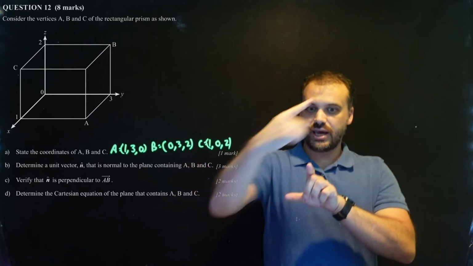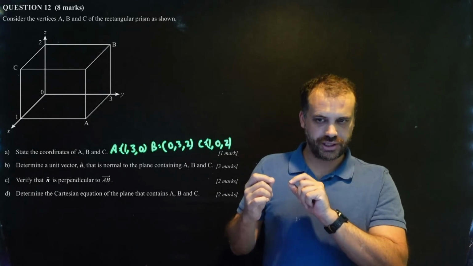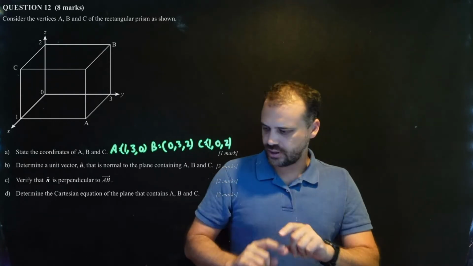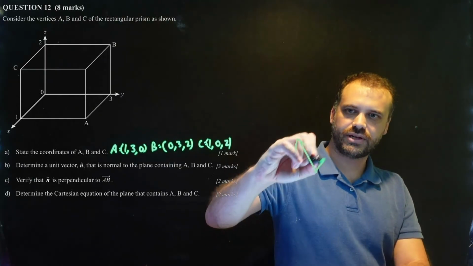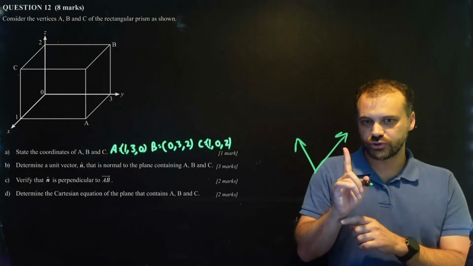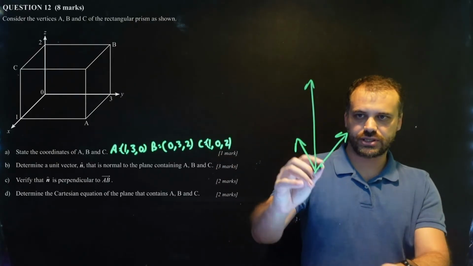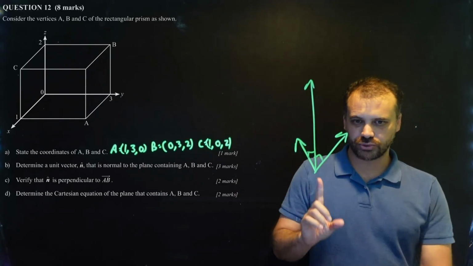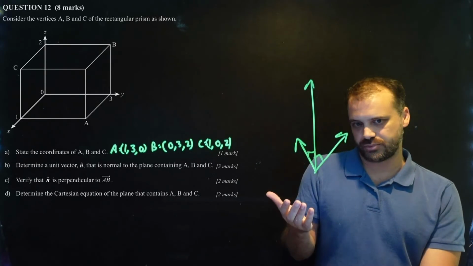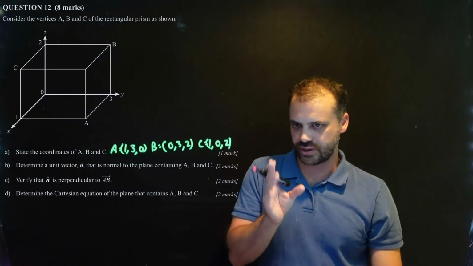And jutting out of that plane is a vector that is at right angles to the plane. Now, if we have one vector and another vector and we want to draw a third vector that is perpendicular to both of them, we should be thinking about something called the cross product, or the vector product. And that is exactly what we have here.